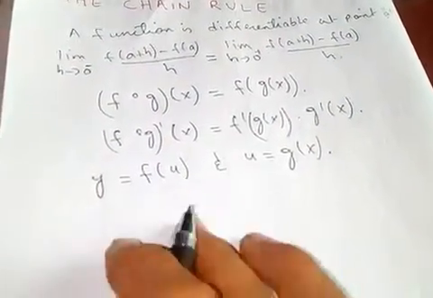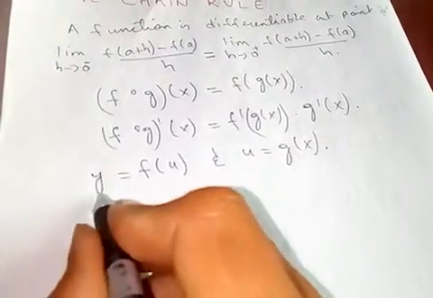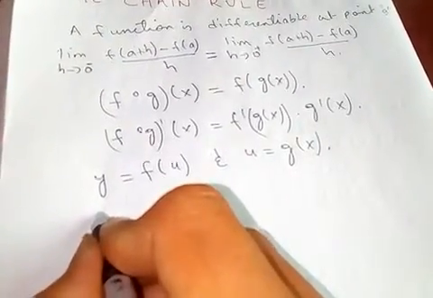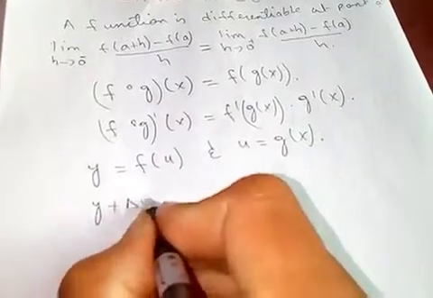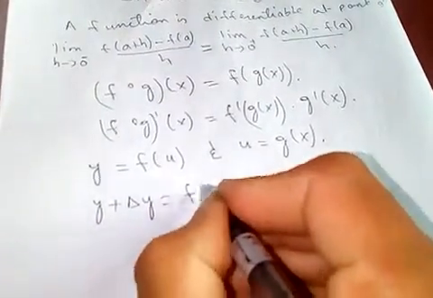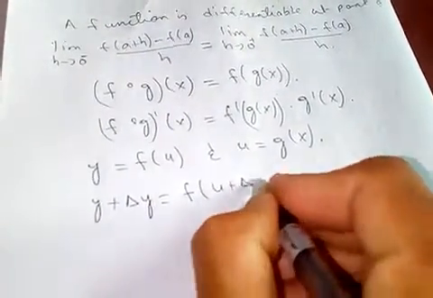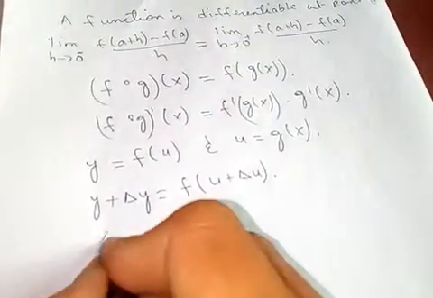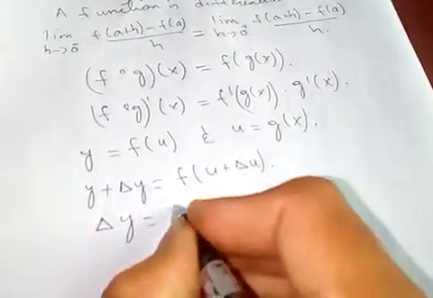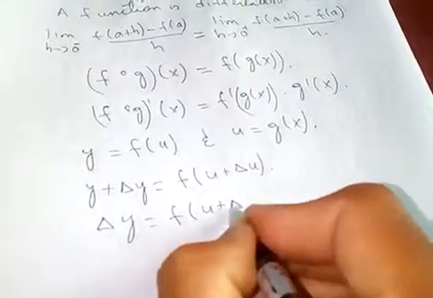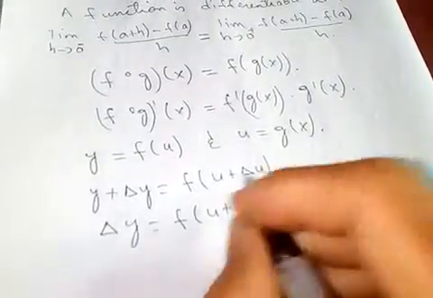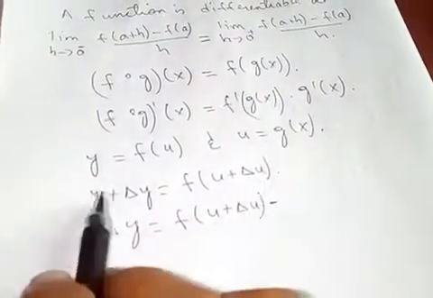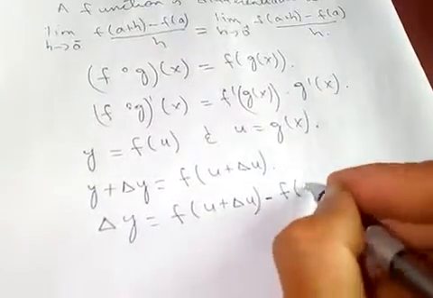From the derivative definition we know the derivative. Here y plus delta y will be f of u plus delta u. So delta y is equal to f of u plus delta u minus y, which is f of u.